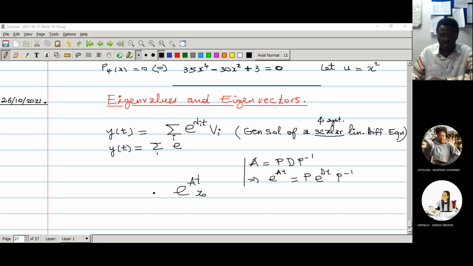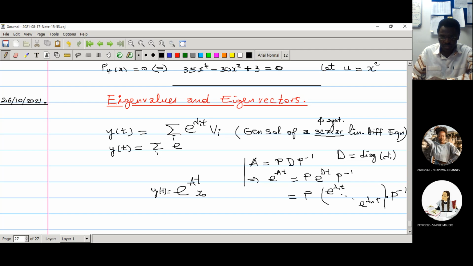Now, when you write your solution of this form, D here is a diagonal matrix, and the elements of the diagonal are the lambda_i's. So if you expand this, you have the invertible matrix P, then exponential of lambda_1 t up to exponential of lambda_n t, and P inverse here.